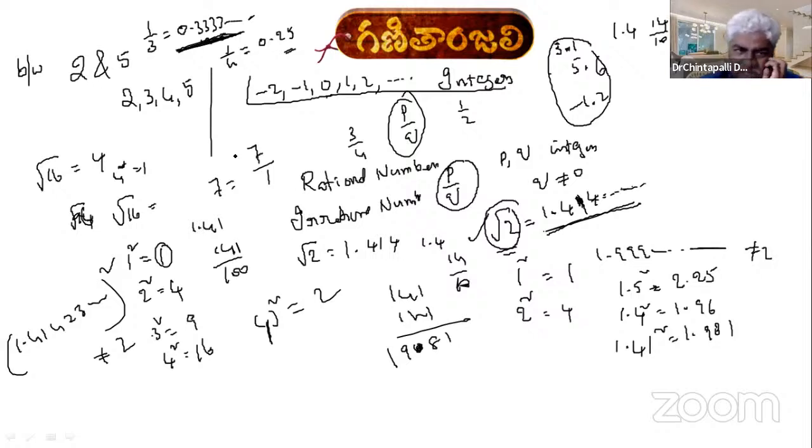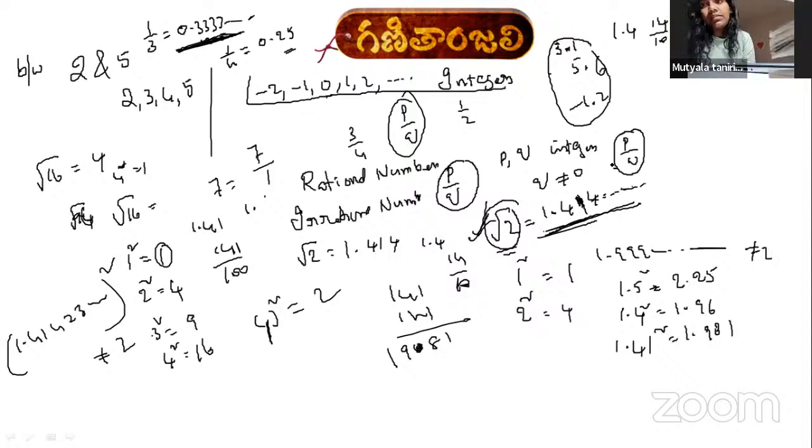Even if it has 1000 digits after the point, it can be expressed in the form of P by Q. But this value is neither recurring nor terminating, even after crores of digits. That's why the value of root 2 cannot be expressed in the form of P by Q.